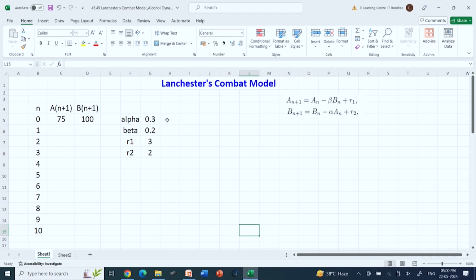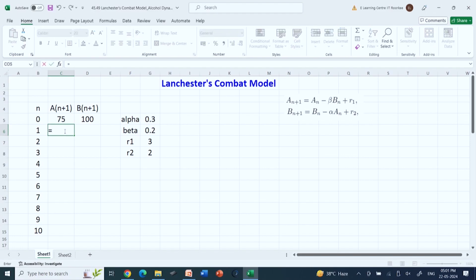You can see that the value of alpha is greater than the value of beta, which means that the fighting effectiveness of the soldiers of team A is greater than the fighting effectiveness of the soldiers of team B. And the reinforcement for team A is also greater than the reinforcement of team B. So, initially team A has 75 soldiers and team B has 100 soldiers. Let us now calculate the next value.